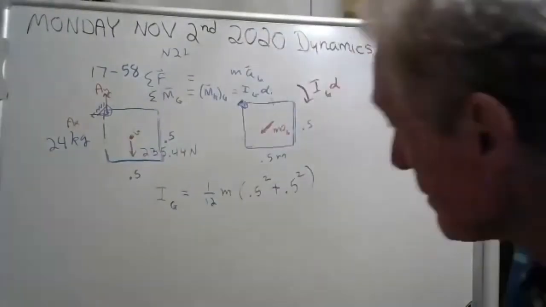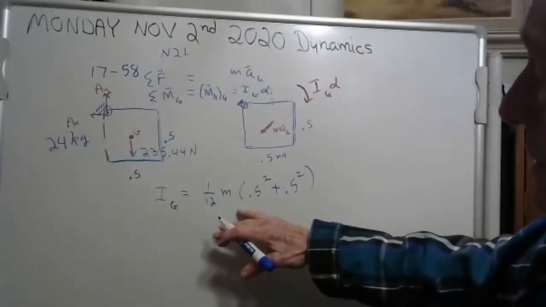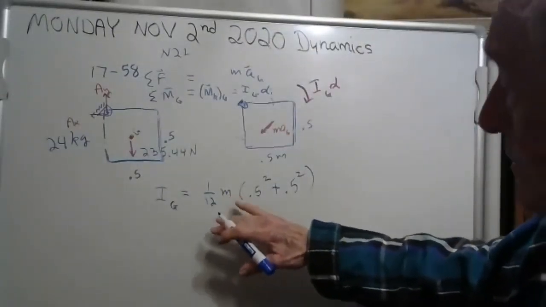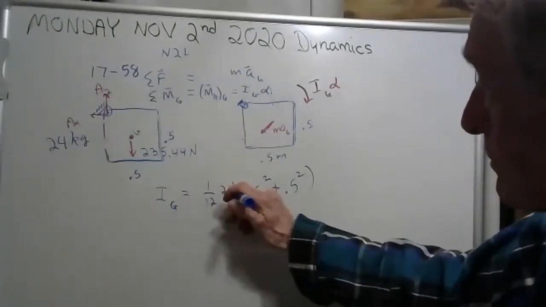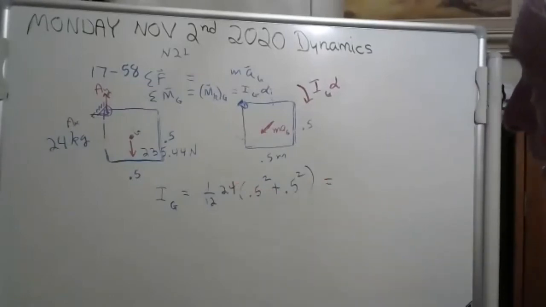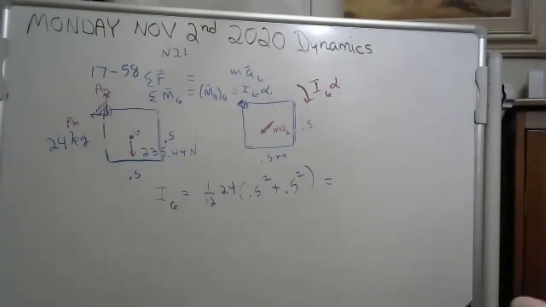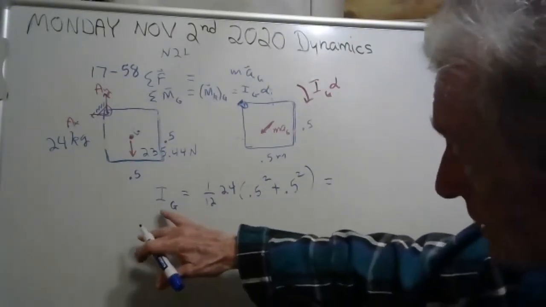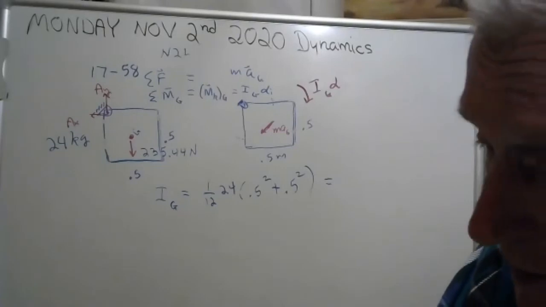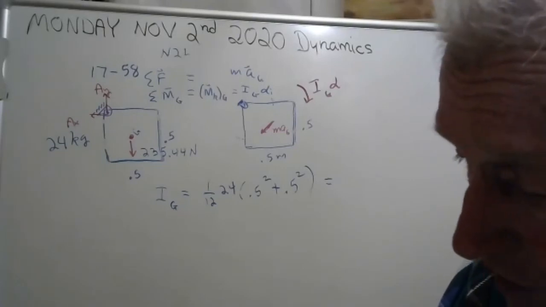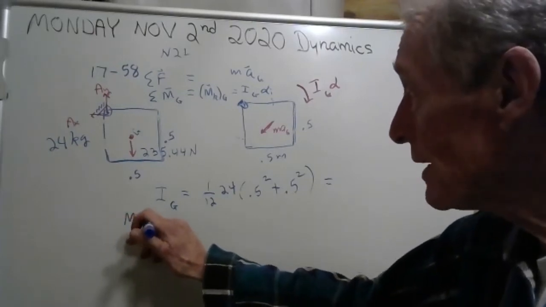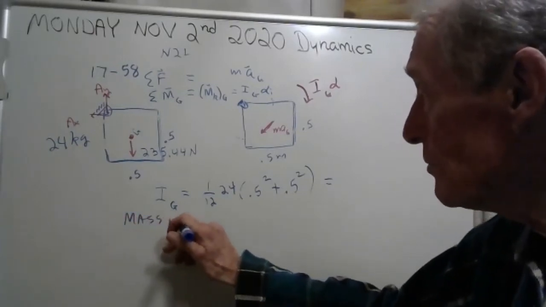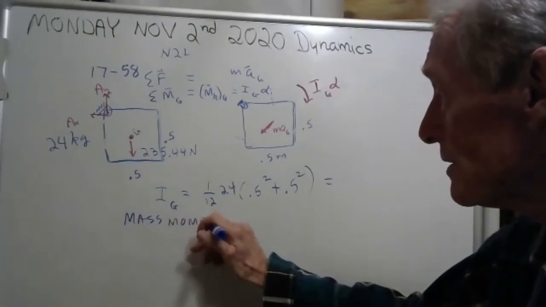Okay. Well, what's m? Well, that's the 24 kilograms. So put in the 24 kilograms. We're going to find our I_G, which has a name. The fancy name for it is the mass moment of inertia.